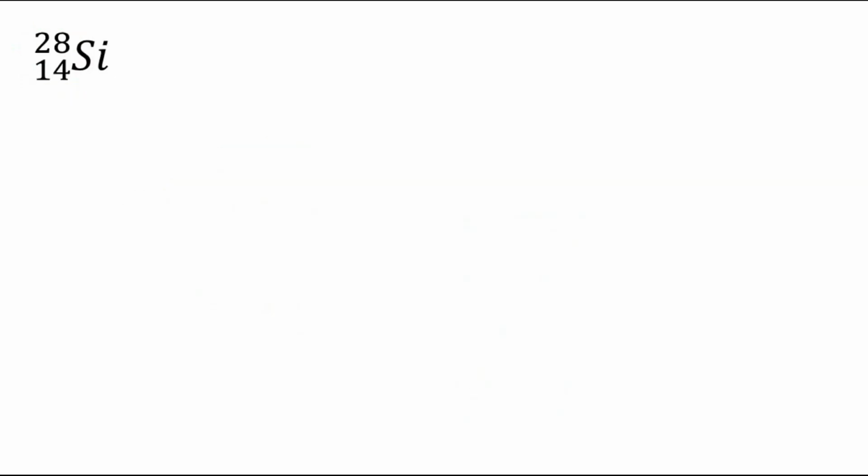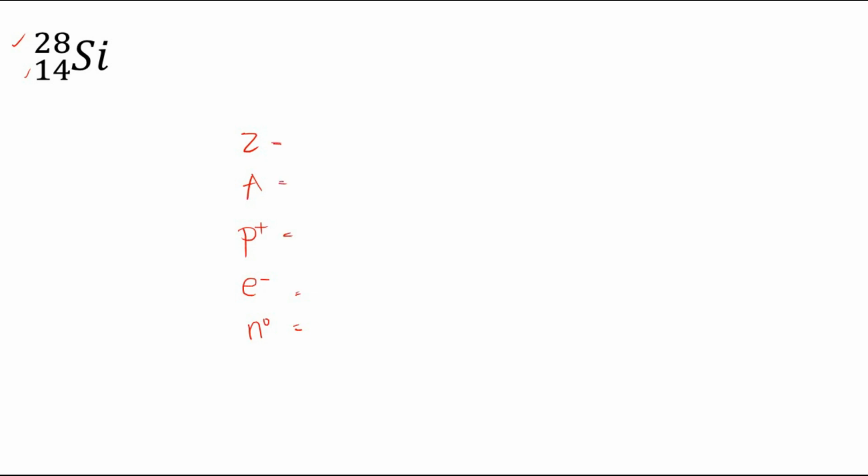Let's have another example. For Si, we have silicon. This is the element notation of silicon. You have 28 and 14. So the same numbers: Z, A, P plus, E negative, and N0. How are we going to determine these numbers?